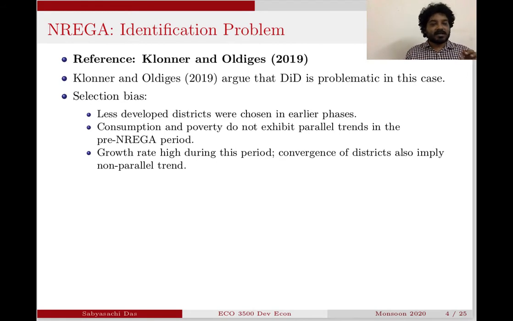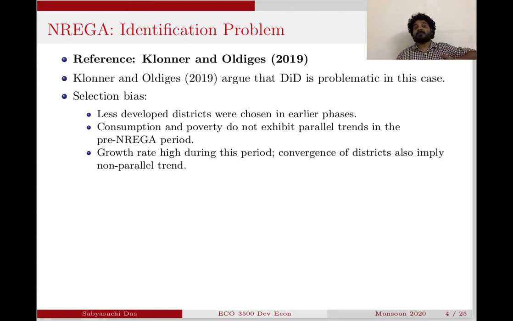So remember, one of the assumptions in difference in difference is that the treatments are assigned kind of exogenously, in the sense that the set of districts that are getting treated need not be the same as the others. It can be different on average, but it has to be the case that the trend in the outcome variable in the treatment versus control group before the treatment happens is parallel.